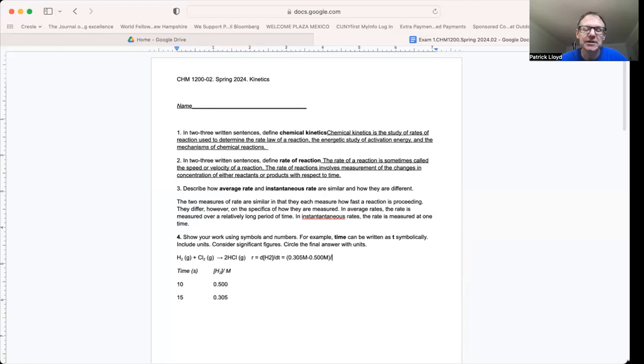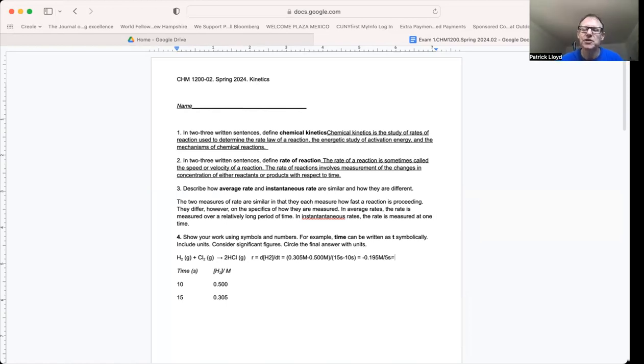Divided by the change in time. The change in time would be the final time, 15 seconds, minus the initial time, 10 seconds. So you get negative 0.195 molar divided by the change in time, 5 seconds.